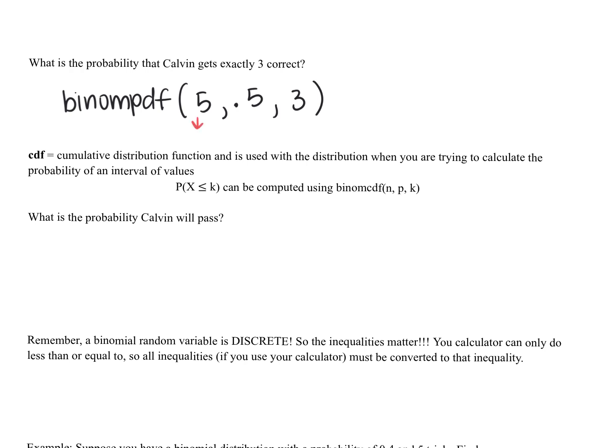So this is our trials, P, and X value. And then you might have to hit paste, or you might have to separate with commas depending on your calculator. Then you hit enter and you get 0.3125.